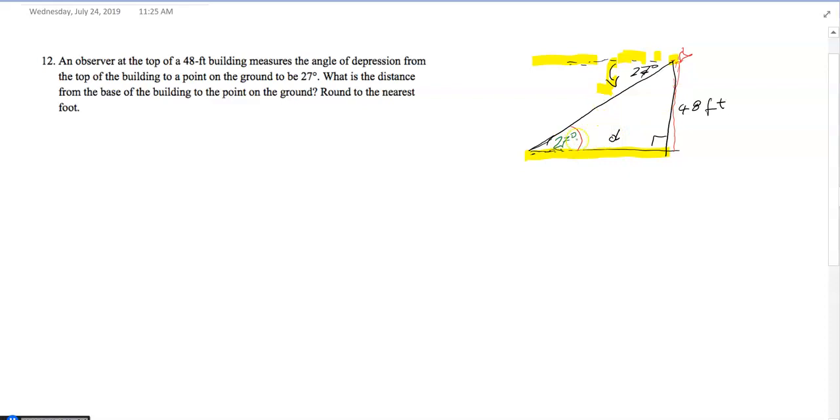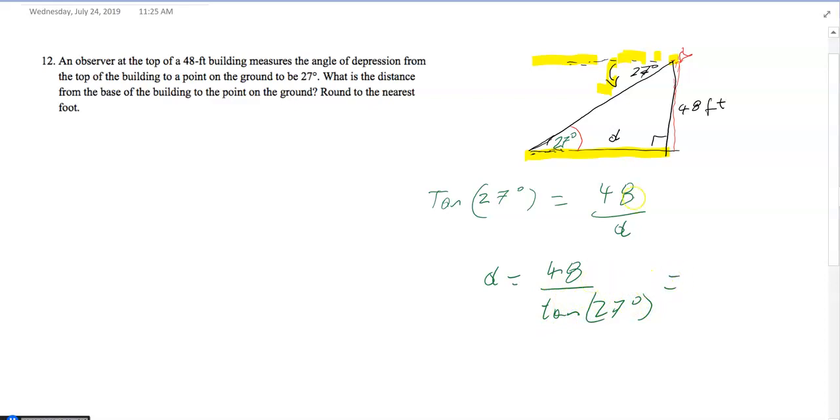And so what we have is the angle here, 27 degrees. We have the opposite side, which is 48, and we want to find the adjacent side. So opposite and adjacent, we're thinking about tan. So tan of 27 degrees is equal to 48 over D. So then D would be equal to 48 over tan of 27 degrees.